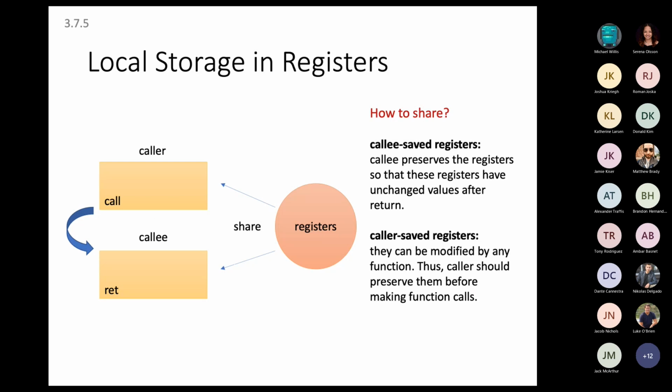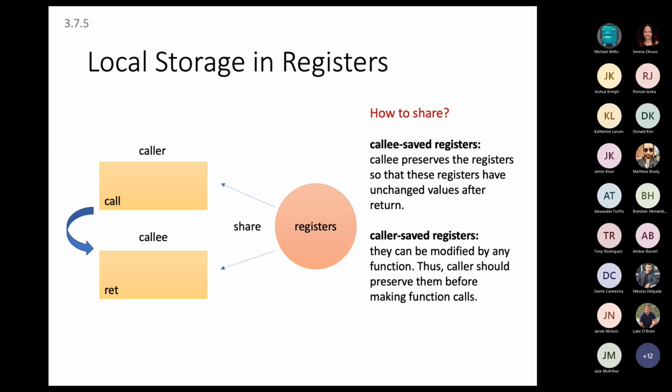The next part, we would explain the callee saved registers and the caller saved registers. The basic idea behind the callee and caller saved registers is that when we make a function call, we only have 16 registers. The caller and the callee would share these 16 registers.